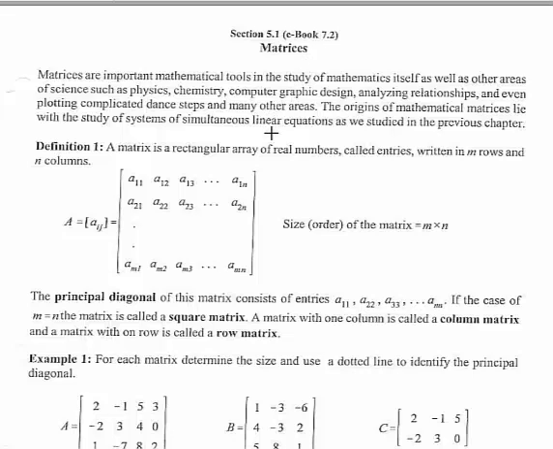It's a rectangular group of numbers, an array, if you would, and they're real numbers. They're arranged in rows and they're arranged in columns. They don't have to be in the shape of a square. They can be rectangular.